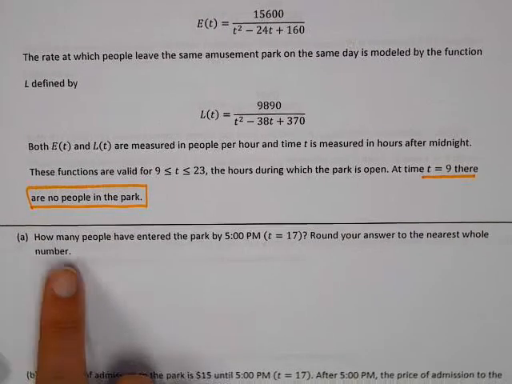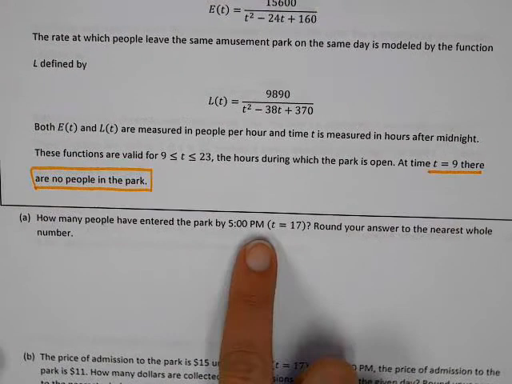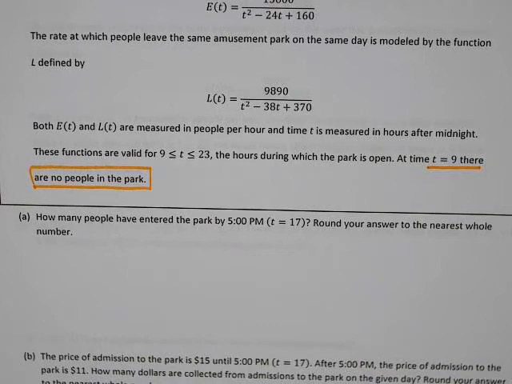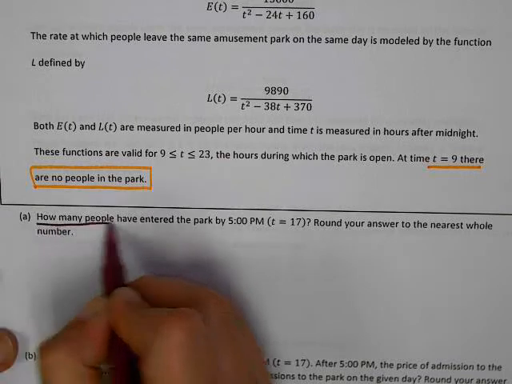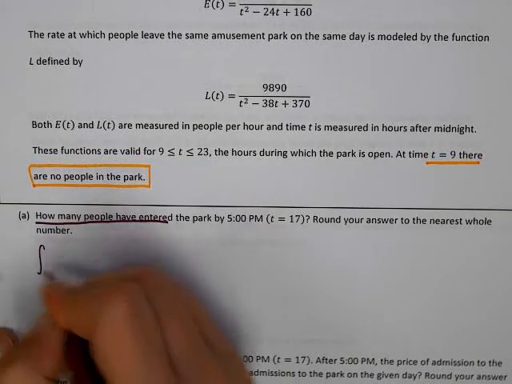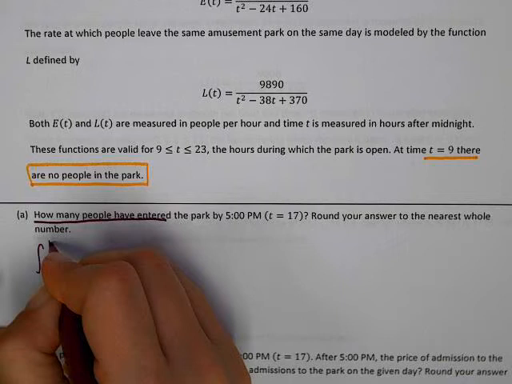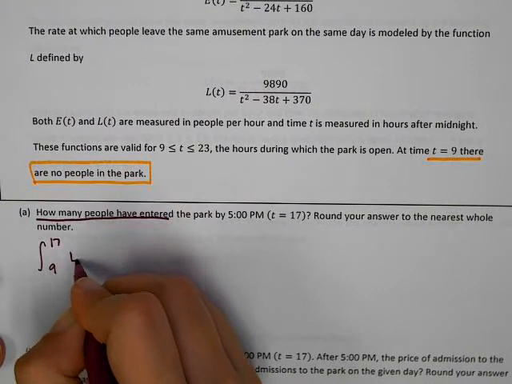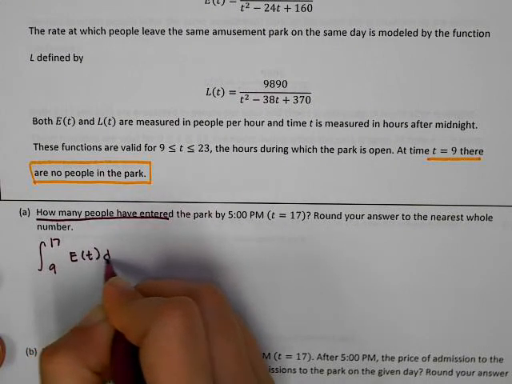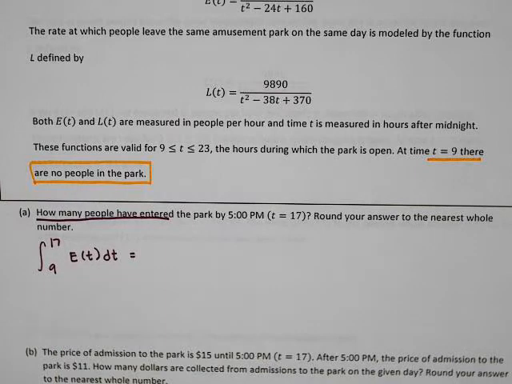So for part A, how many people have entered by 5 p.m.? So now let's actually do some calculations. So if I want to know just how many people entered, I'm going to integrate from 9 to 17 my entering function. Now to do this, I'm actually going to use my calculator.